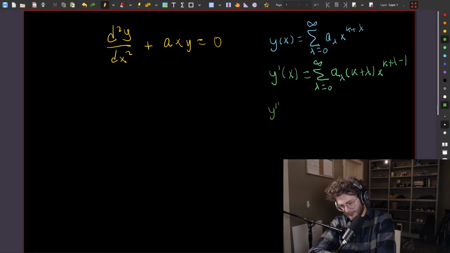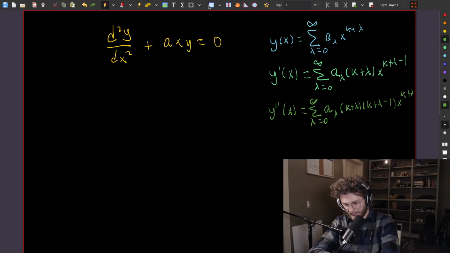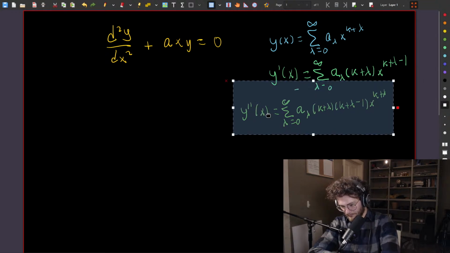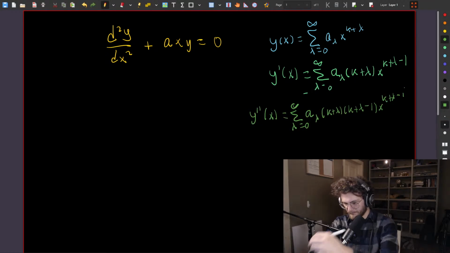And then y double prime of x is k plus lambda times k plus lambda minus 1 times x to the k plus lambda. Then we gotta move this. Minus 1. No, not minus 1, minus 2.